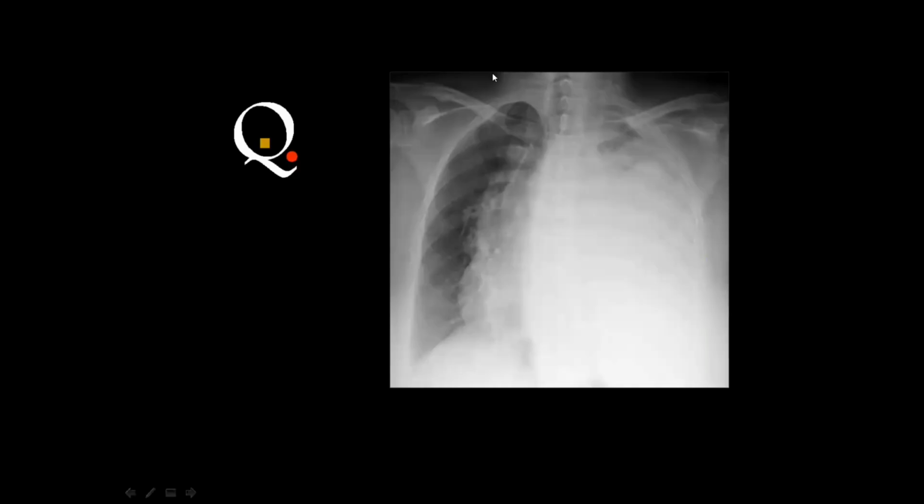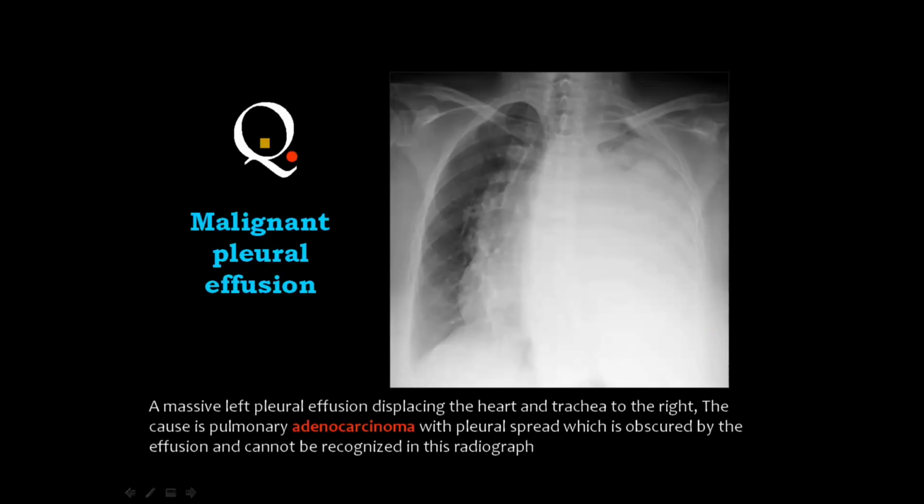Next is a chest X-ray showing a lesion on the left side. Yes, massive effusion is the right answer. But I have said that whenever the pleural effusion is massive, you should consider an underlying malignancy.